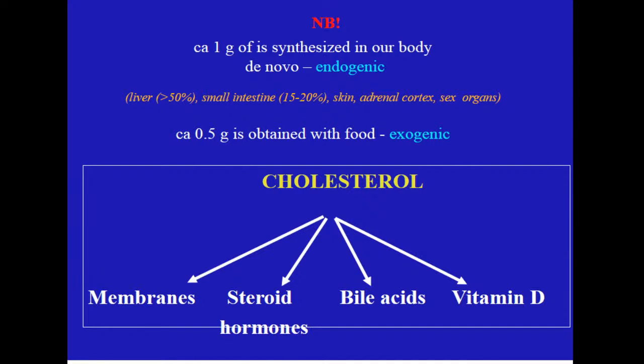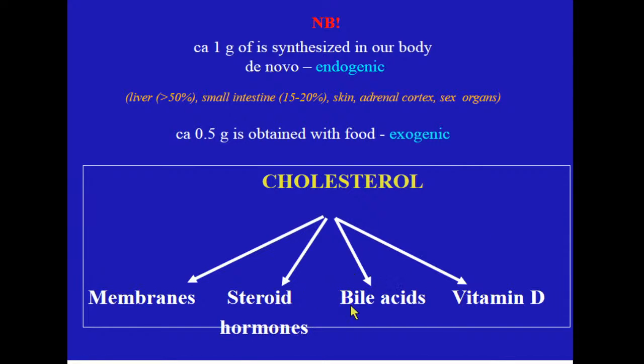In our body, cholesterol is a precursor of different substances. At first it participates in the formation and action of membranes. Then it is a precursor of steroid hormones that are synthesized in the adrenal cortex, in our sex glands, in placenta in pregnant women.